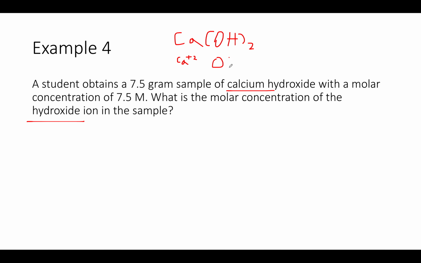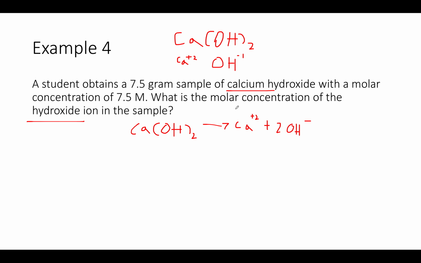Hydroxide has a -1, so you need 2 hydroxide. When calcium hydroxide dissociates, a highly ionic compound, so it will dissociate into a solution. You're left with 1 calcium ion, but you have 2 hydroxide ions.